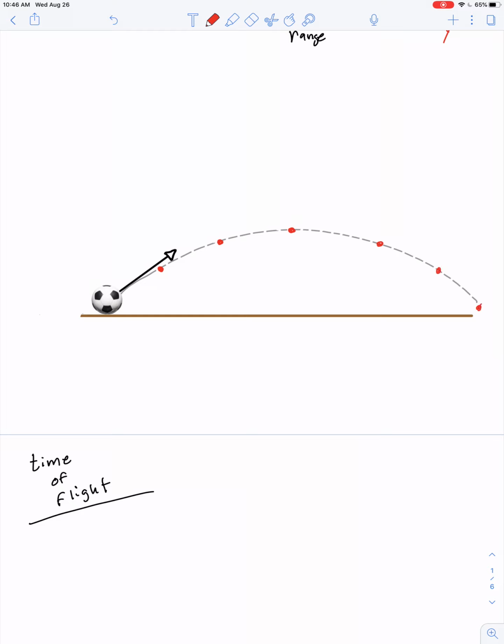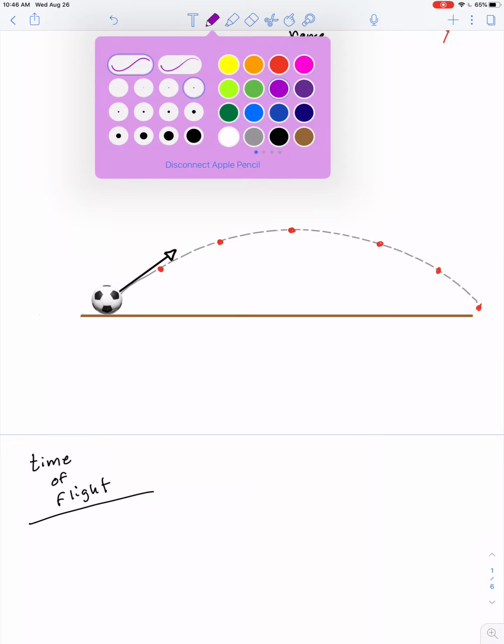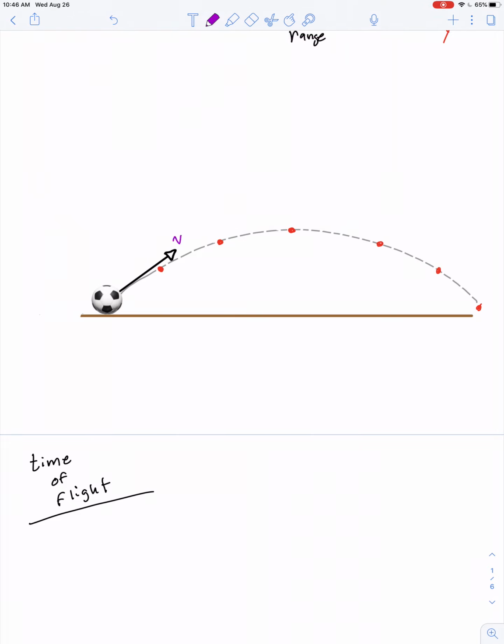And here we want to show the components of the velocity. So the overall true speed is shown here, directed at some angle. If we make a line that goes parallel to the ground, then we can define the angle at which the ball was kicked. We'll give it the symbol theta.